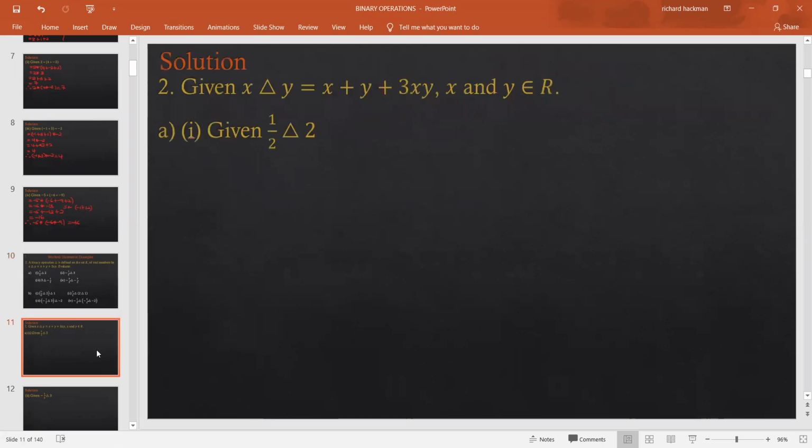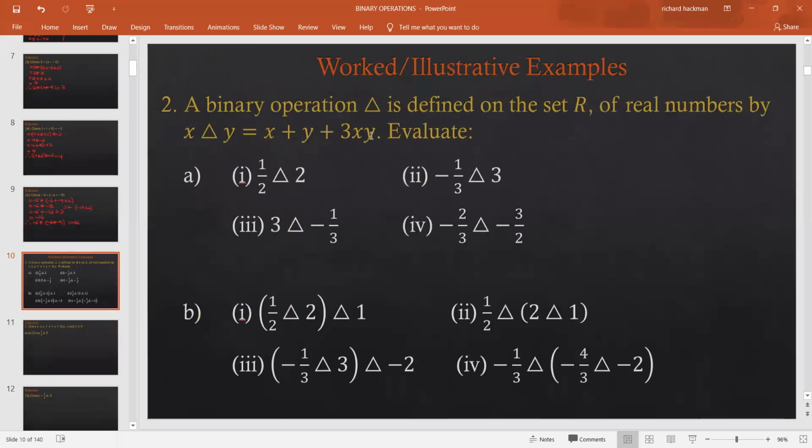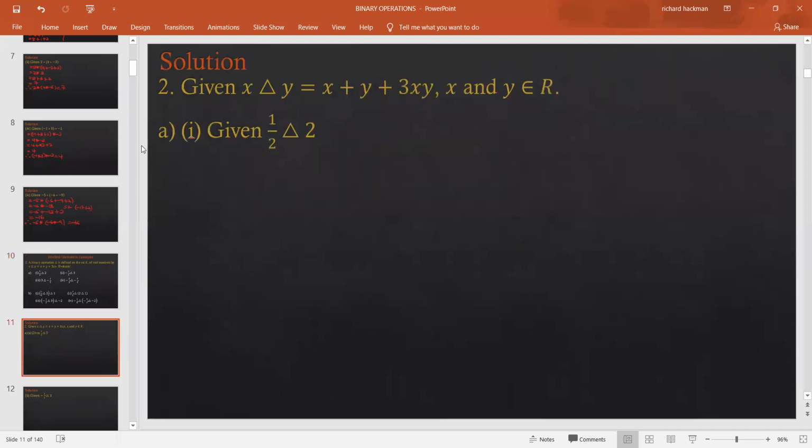So at this point, question 2, the information that you extracted here, you can see that the question number there is 2. So that's why you have 2 equally attached there. This was the information that I could extract. And in this case, remember it's x and y belonging to R, because we were told that your operation is defined on a set of real numbers.